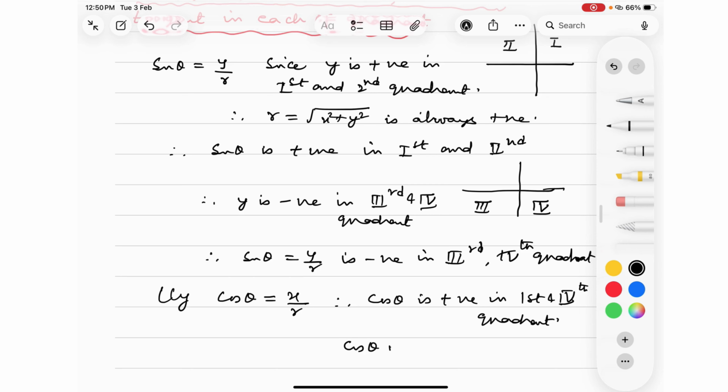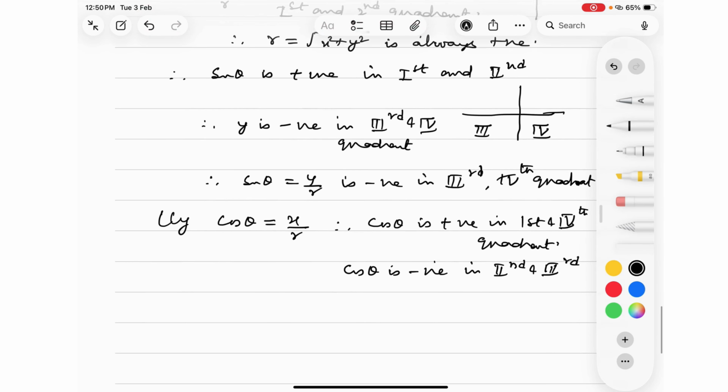And cos theta is negative in the second and third quadrant. Why? Because x is negative in the second and third quadrant. R is always positive.